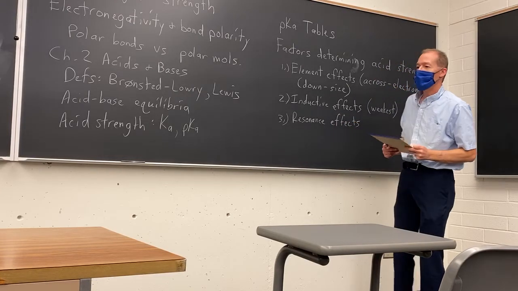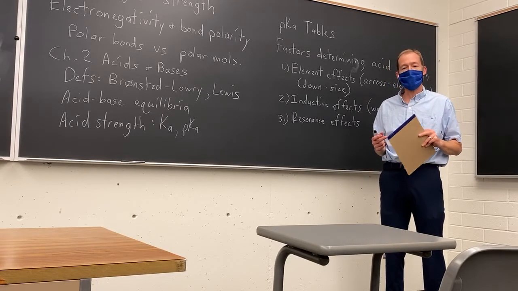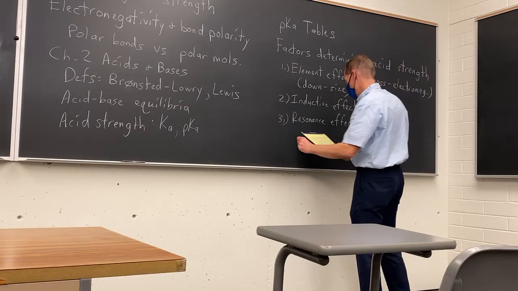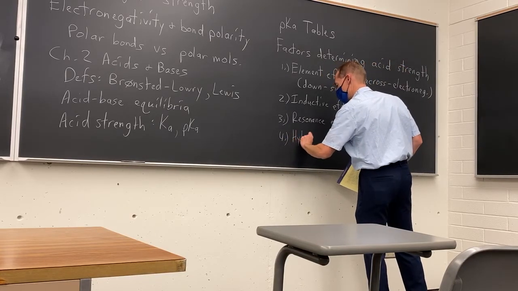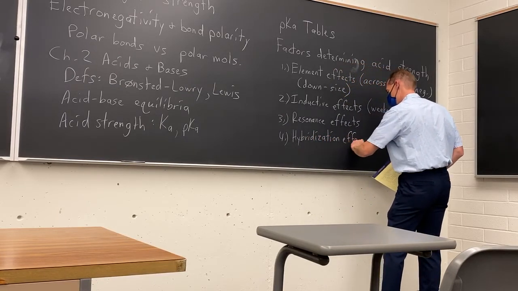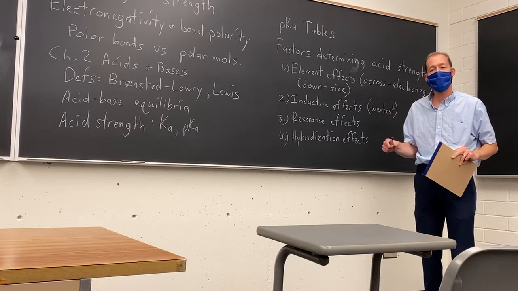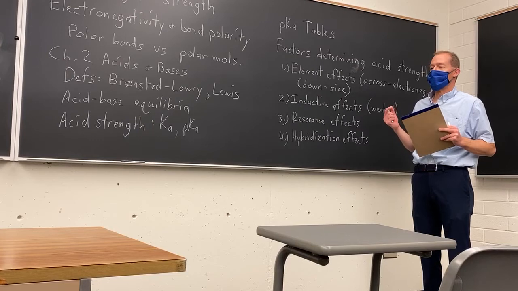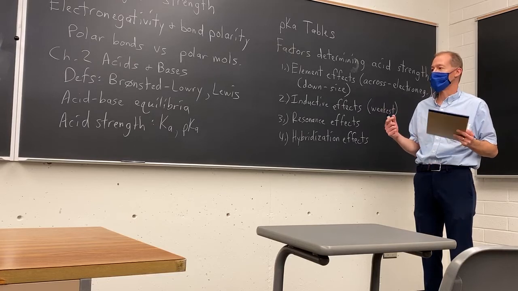If we have resonance stabilization of a conjugate base, then that makes the resulting acid quite strong. And then we had, as our 4th one, hybridization effects. This applies when it is a hydrogen attached to a carbon that is our acidic hydrogen. And we learned that the greater percent S character of the carbon makes that carbon more acidic.